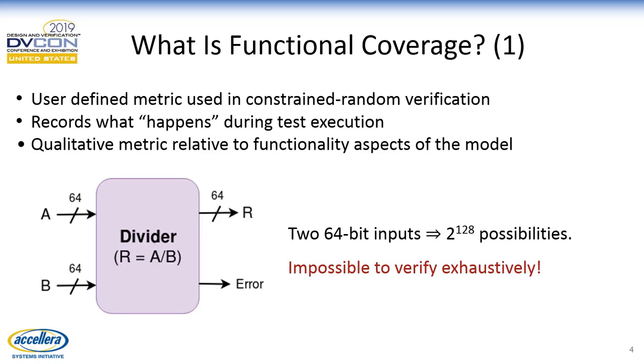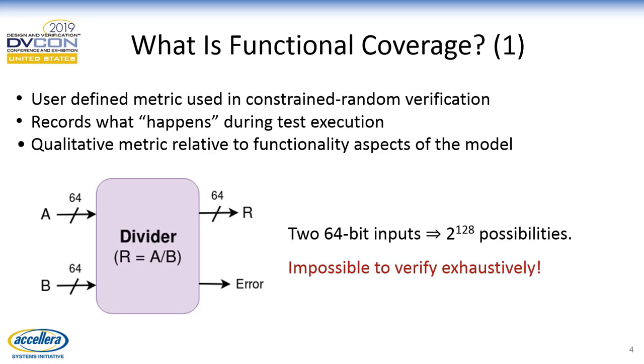It can be everything from basic scenarios or complex scenarios down to bus level data and control paths, stuff like that. And it's also a metric that tells us how much we have verified in our model. So we can see at any point in time what part of functionality we have tested and what not.